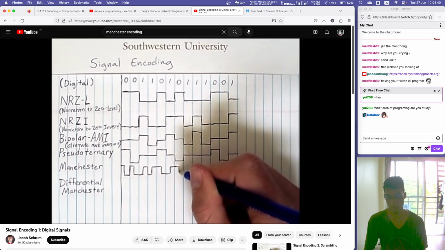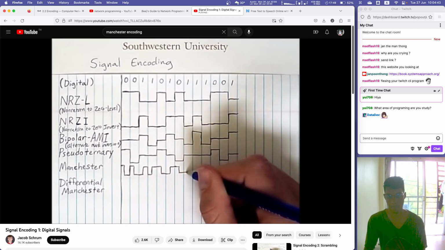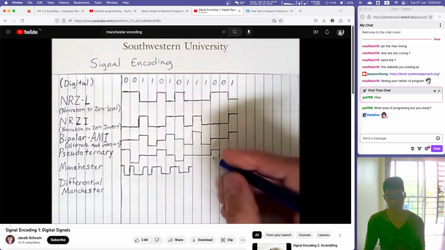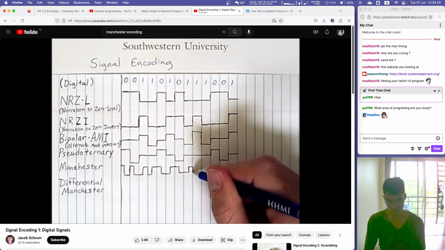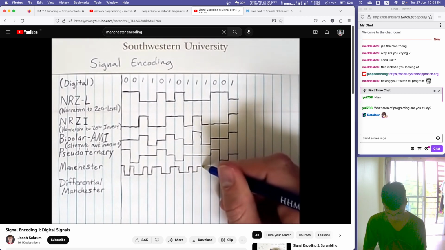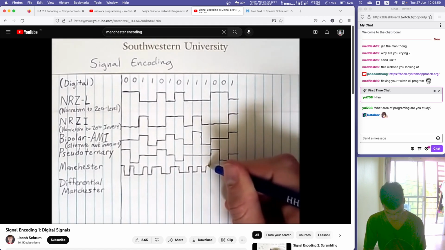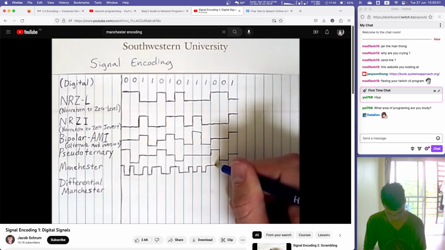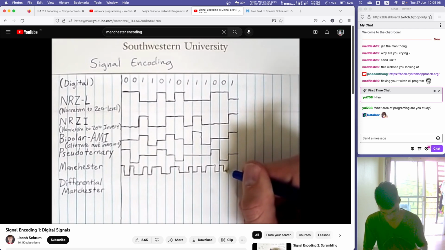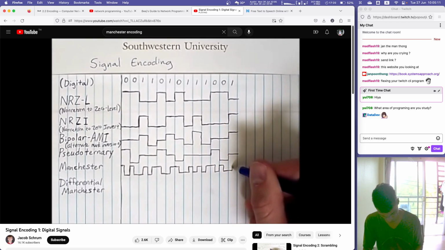So down for 0, and then up for 1, and then here, because we have another 1 coming up, we go down between intervals so that we can go up for the 1, and then down again between intervals, and then up for the 1, and then here we go down for 0, and then up in between, and then down for 0, and then finally up in the middle of the last interval to represent the 1.